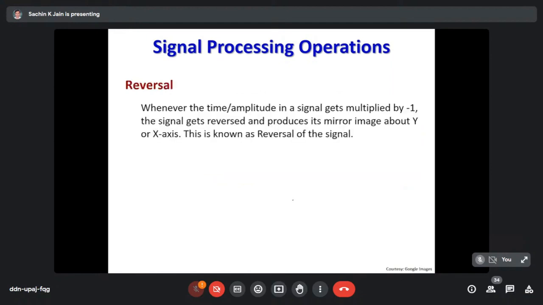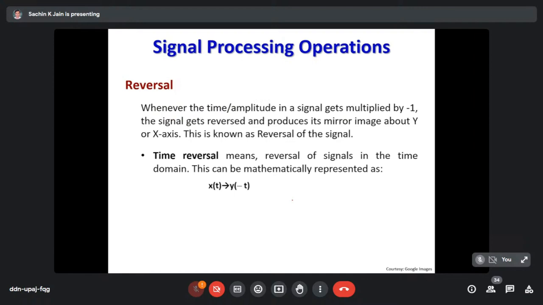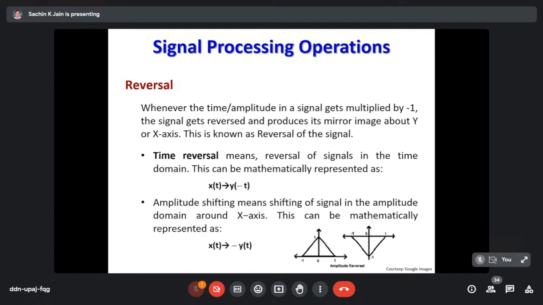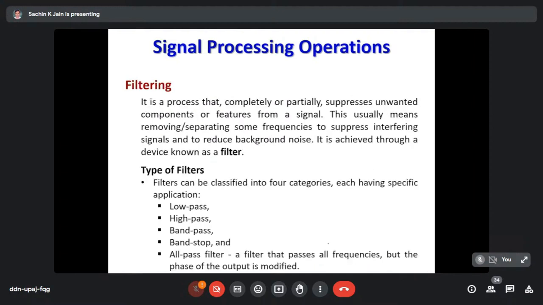Reversal is also possible, where we get mirror images along either the x-axis or y-axis. This is basically reversal of the signals. All these operations are part of signal processing and very useful in signal manipulation or getting real-time or meaningful values from the signal.